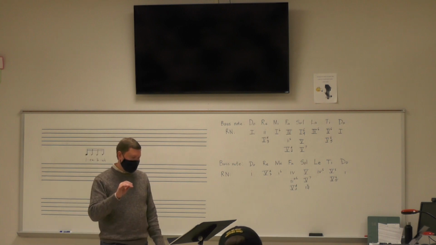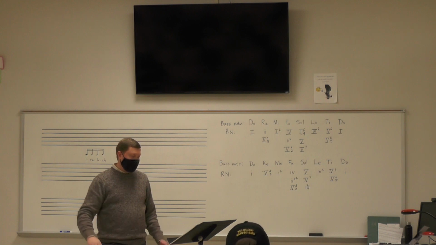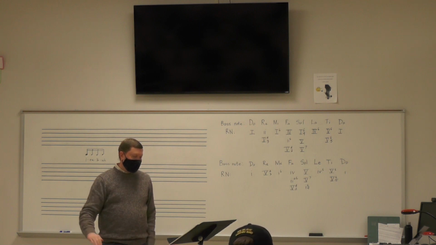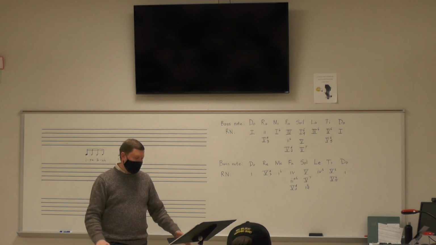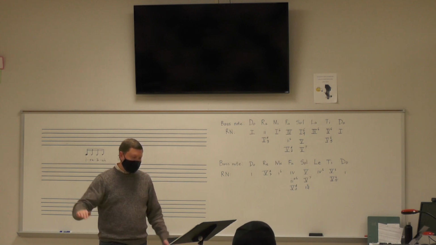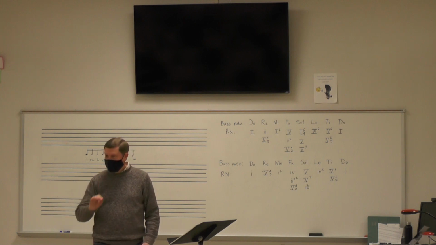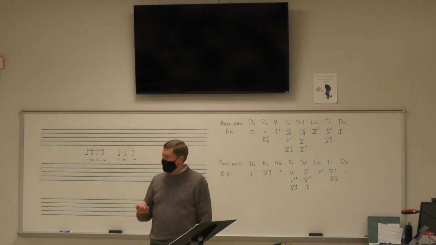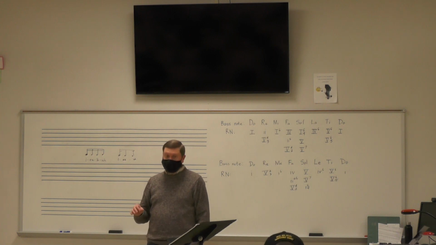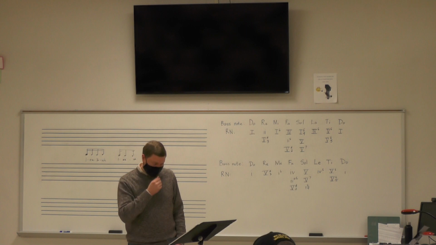A full measure plus 1 beat. 1 E and 2 E and go. 2 E, 1, 2 E, 1, 2 E, 2 and 1. Good. Are you able to keep this in line? Conducting in line when you're doing this? If not, that's fine. Just work at it, practice it. Practice will get you there where you need to be.